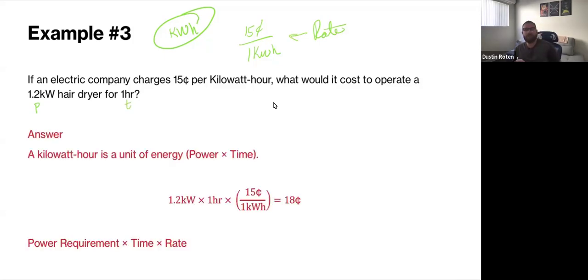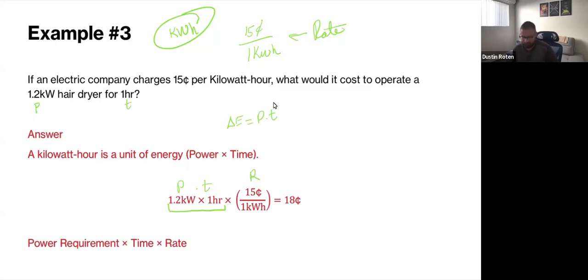Now we can use this definition of energy equals power times time. A kilowatt hour is a unit of energy, power times time. Now we just need to multiply by the rate at which we have to buy that energy.